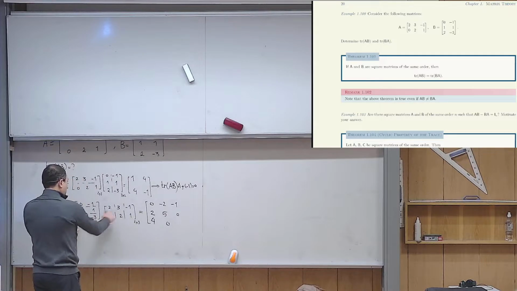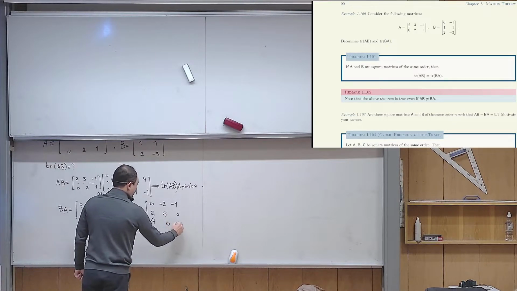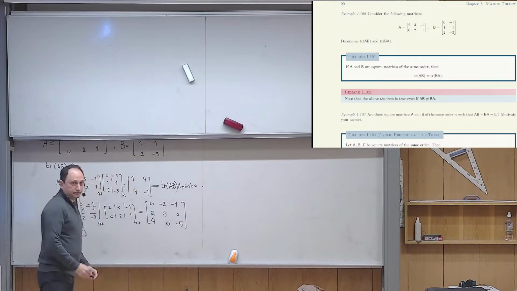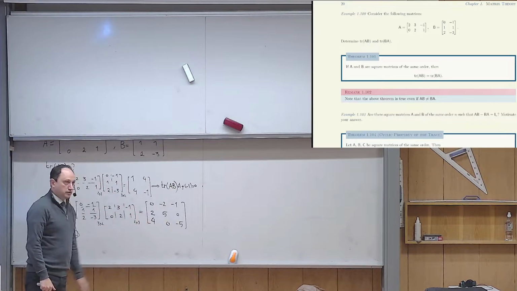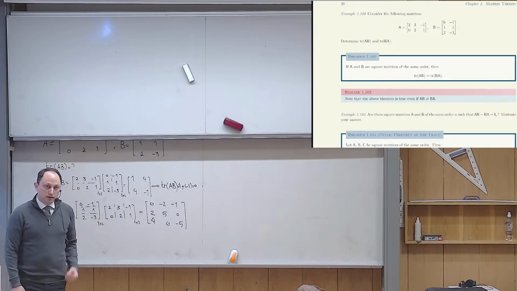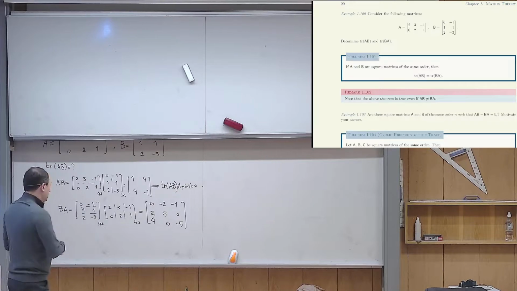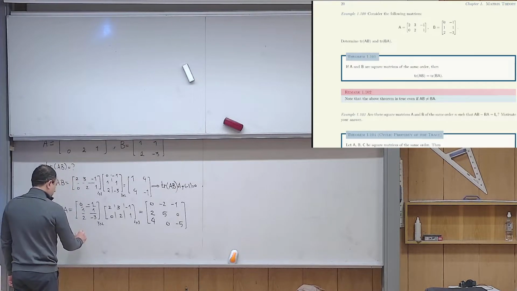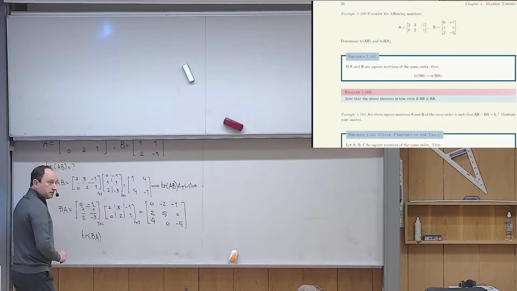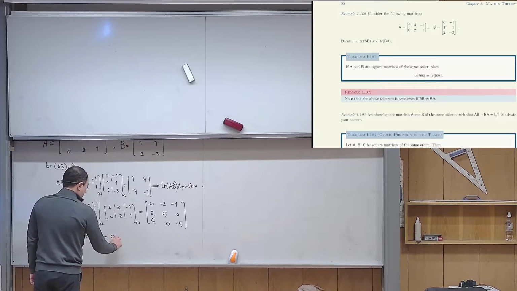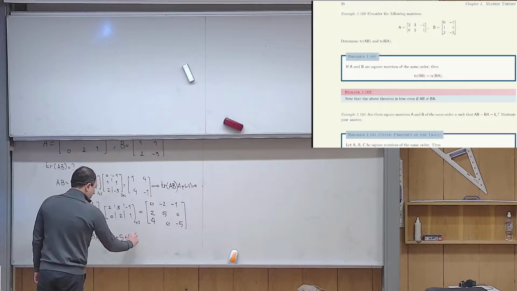And then I have minus 2, minus 3, minus 5. Yes? So you see that this is quite a completely different matrix. This was 2 by 2, this is 3 by 3. But the point is that still the trace is the same number. Okay? So if I calculate the trace of BA, the answer is again 0 plus 5 plus minus 5, which is 0.